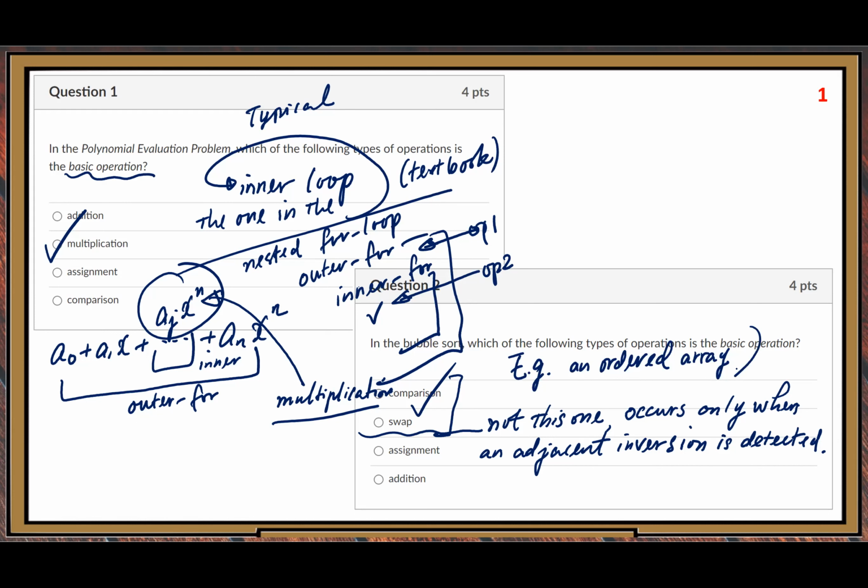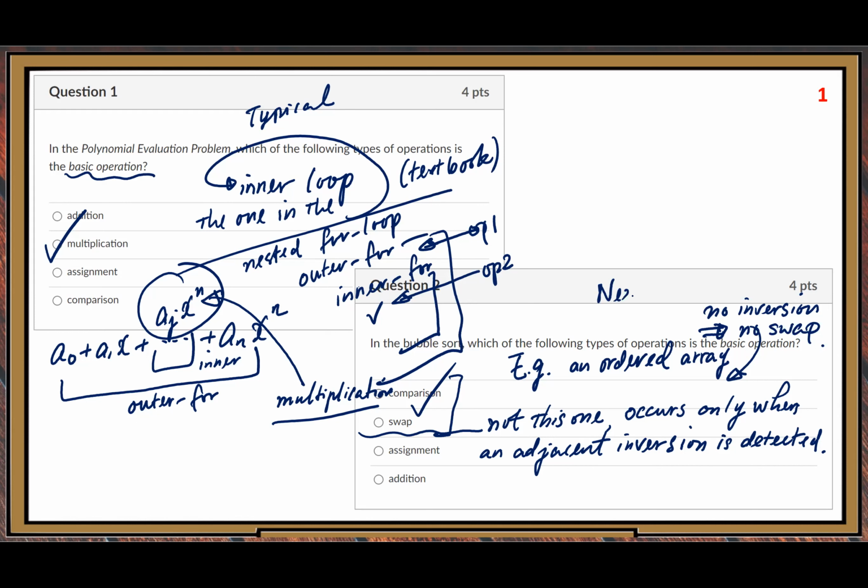In this case, there is no inversion, and no inversion means no swap. But you still need to do comparisons.